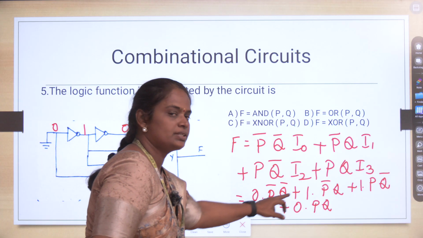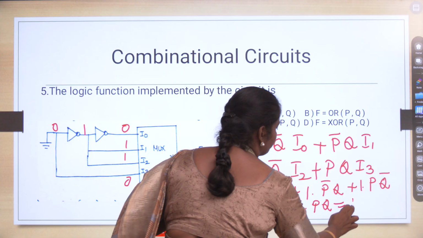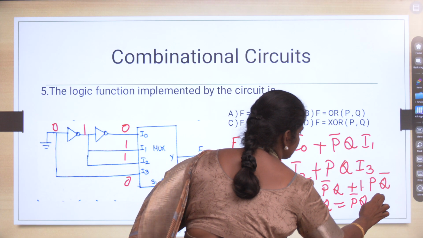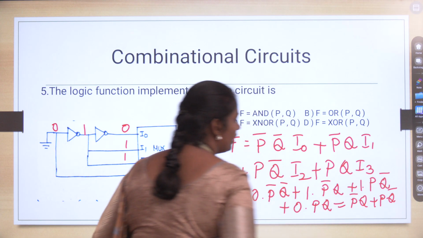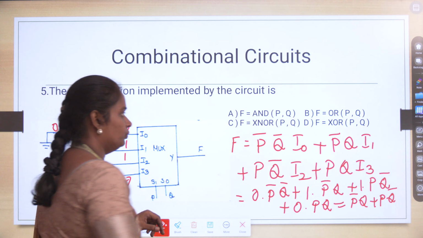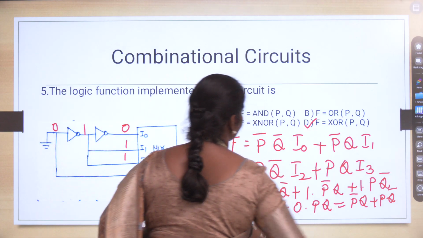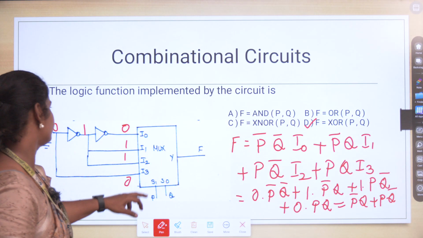So this term will become 0, this term will become 0. You get only P bar Q plus P Q bar. This is nothing but XOR of P and Q. So the answer D is the correct one.